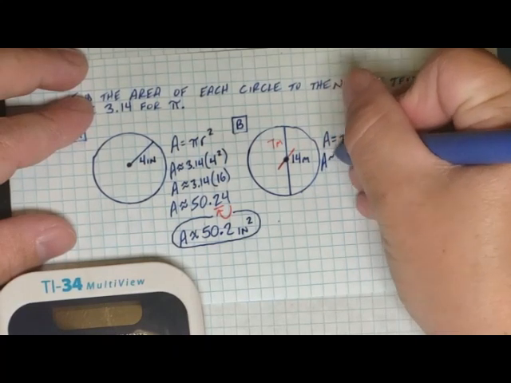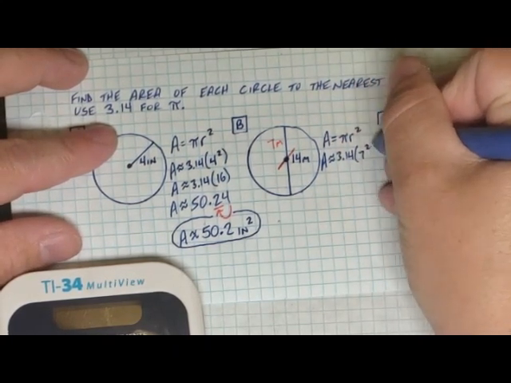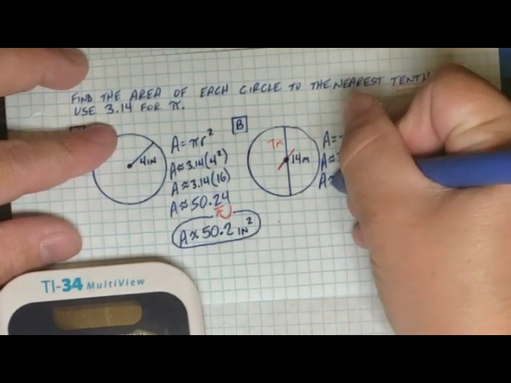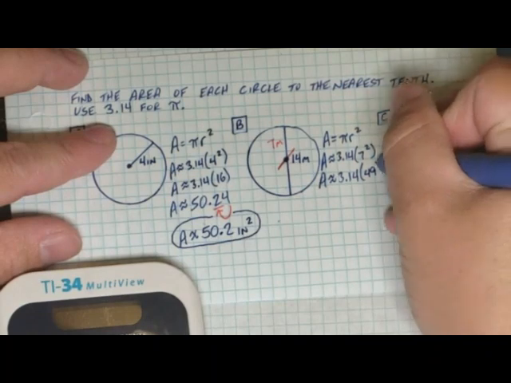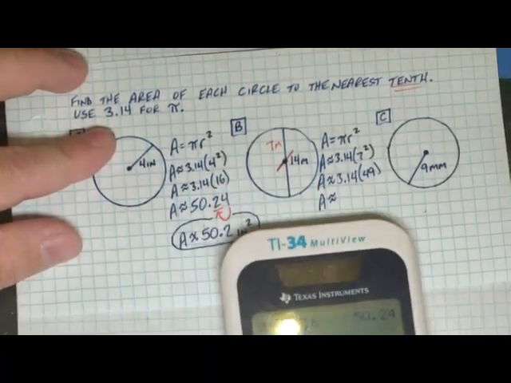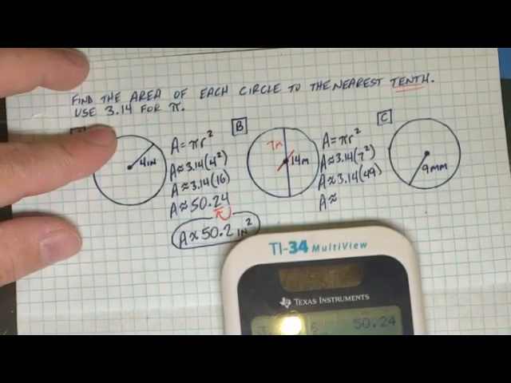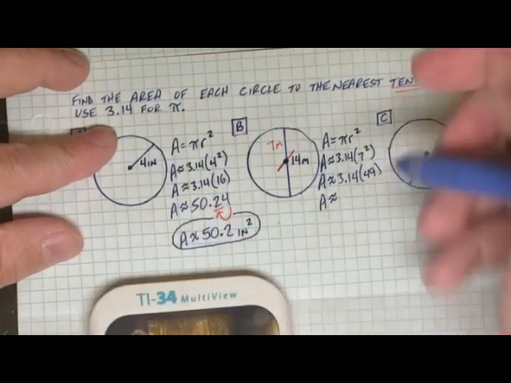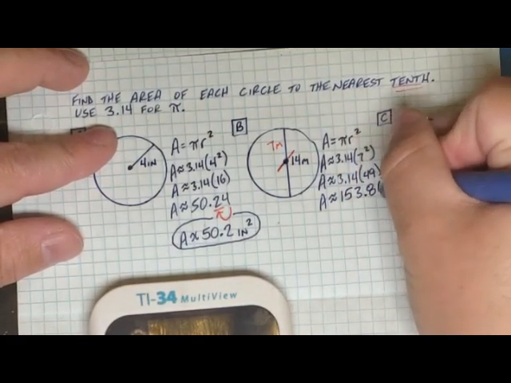Okay? Area is approximately 3.14 times 7 squared. Do the exponent first. 7 squared is 49. Then we're going to go to our handy dandy calculator. 3.14 times 49 equals 153.86.